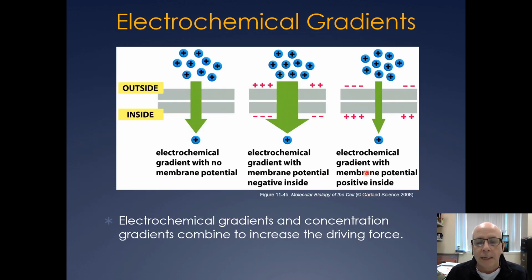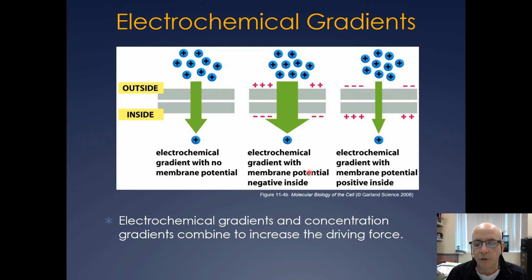Okay, so not only is the concentration of the solute important, but also the electrochemical gradients. If you have no electrochemical gradient or no membrane potential here, it's going to just follow a certain amount. But the second you add an electrochemical gradient in here and you generate a membrane potential, that's going to help actually drive a positive ion through if it's negative on the inside.